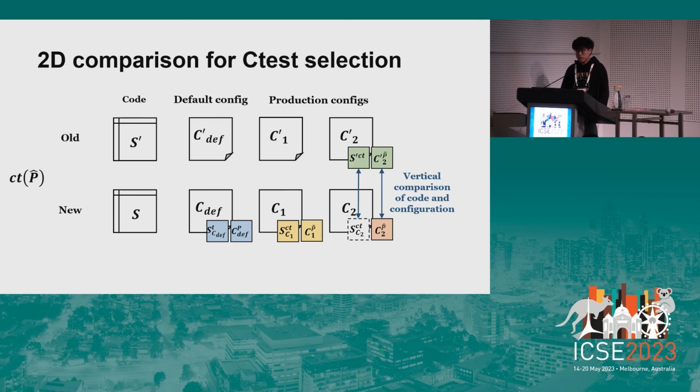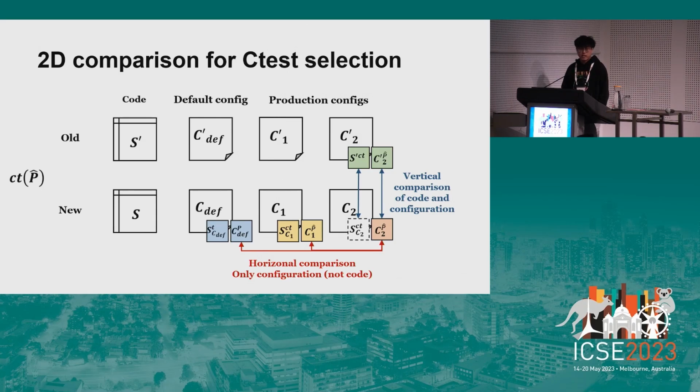In this case, C2 will compare its configuration dependencies with C1 and C default. Note that in this step, we do not need to compare the code dependency because horizontal comparison happens under the same code revision. Similar to vertical comparison, horizontal comparison will not select the test if there is no difference between the configuration dependencies.